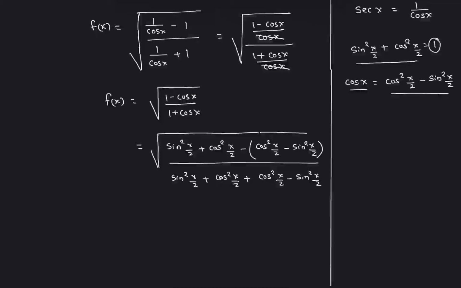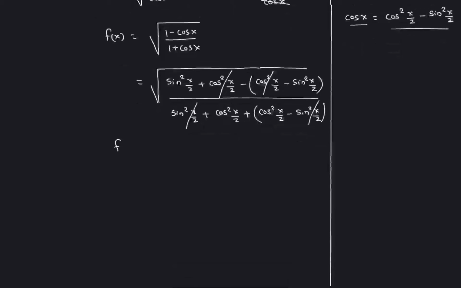So what do you observe here is if I open up the brackets in the numerator, cos square x over 2 and negative cos square x over 2 gets cancelled, and in the denominator sin square x over 2 and negative sin square x over 2 gets cancelled.